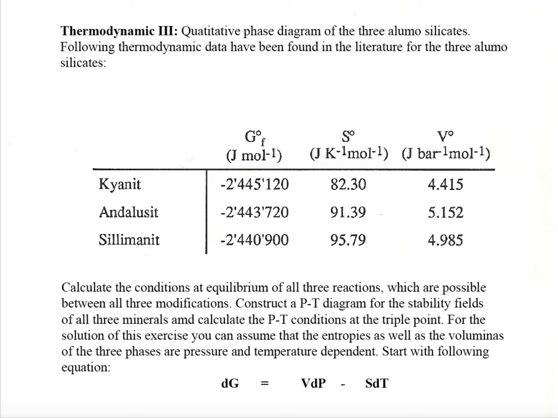For the solution of this exercise, you can assume that the entropies as well as the volumes of the 3 phases are pressure and temperature dependent. Start with the following equation.